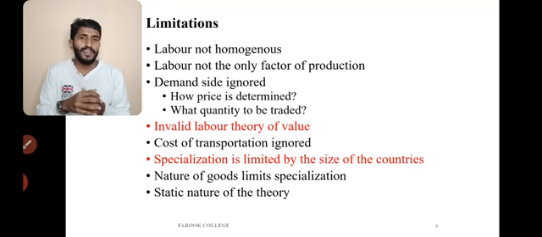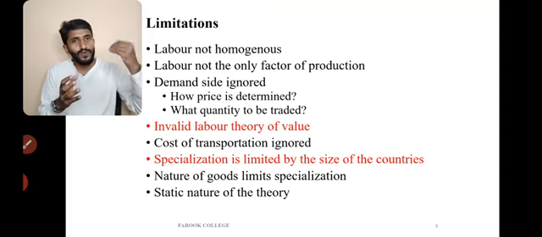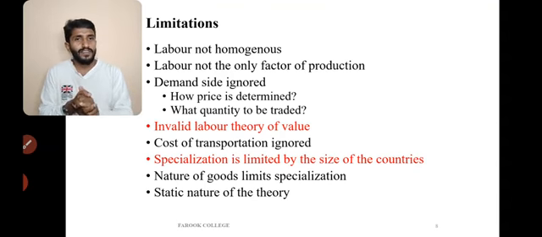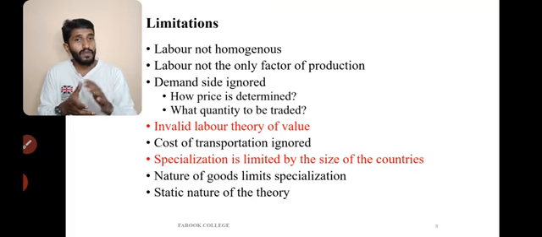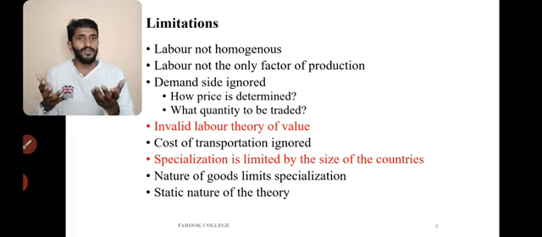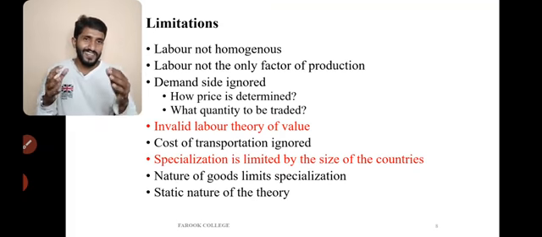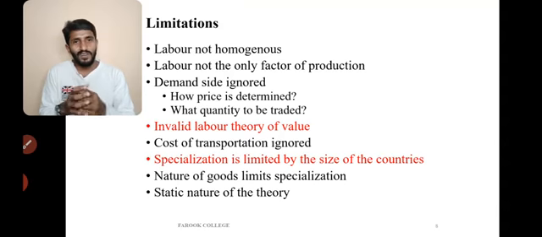This is what I explained, because some of the goods we may need for self-sufficiency. So it is not possible that you produce all the wheat yourself and give it to us. It is not possible, because if they are not providing the wheat, then this country will be in trouble. So the basic commodities, all the countries will produce.